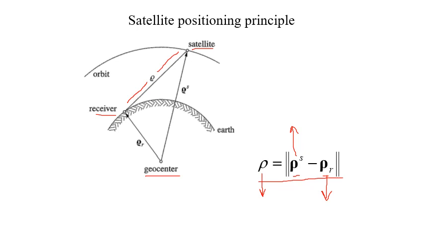So there are two measurements made by the receivers: the first one is the code observation, and the second one is the phase observation. In this lecture, we will deal with the measurement of these two important variables captured by a GNSS receiver.